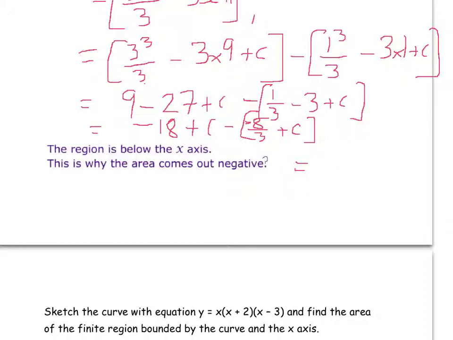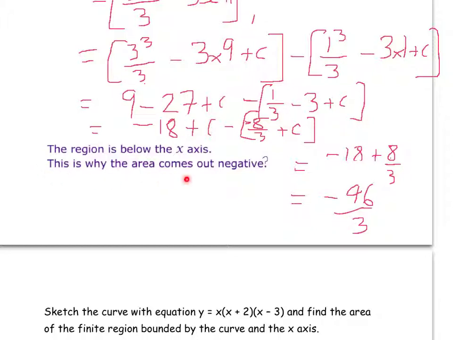So we've got minus 18 minus minus 8 over 3. So minus 18 plus 8 over 3, which becomes minus 46 over 3.